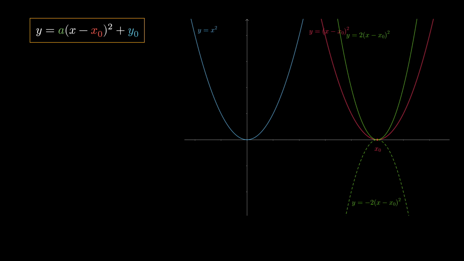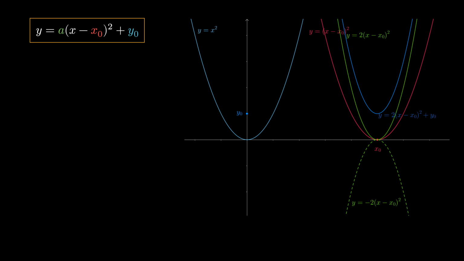Finally, we add the constant y0, which shifts the whole curve up if y0 is positive and down if y0 is negative. Okay, so that's what it means to apply the geometric transformations of scaling, flipping, and shifting the original parabola y equals x squared.